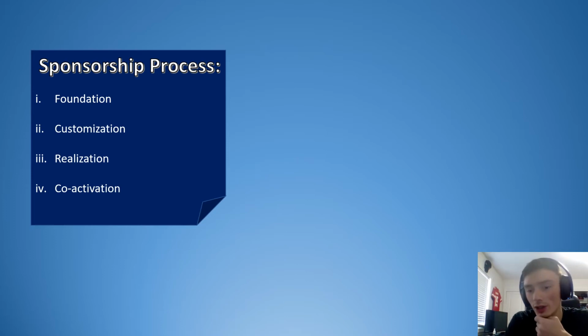Realization is where you actually negotiate the sponsorship with a party. This is like when we sat down and hashed out the details of the agreement with Moon Insurance. Implementing the plan is also part of that. Then co-activation is servicing the plan, reviewing how the sponsorship agreement is working, and any ways that we could renew or replace certain aspects of it to keep it going.